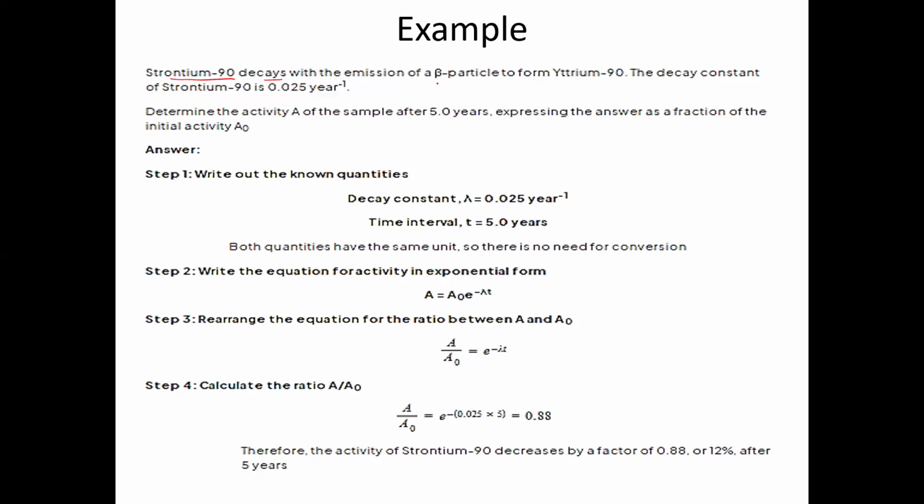It decays with the emission of a beta particle to form yttrium. This is what we studied in radioactivity: one unstable nucleus is converting itself into a more stable form. The question says that this strontium has a decay constant of how much? It has a decay constant value of 0.025 per year.